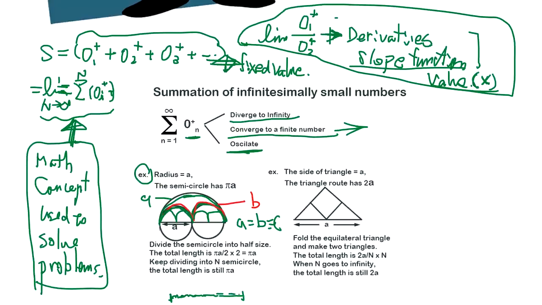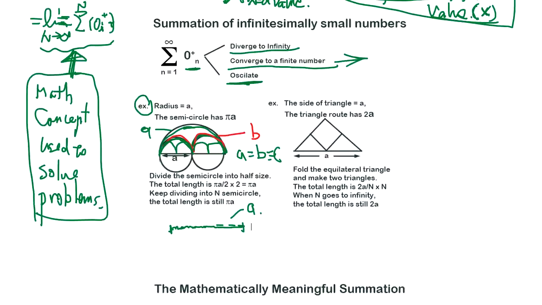But the total length is the same as A. That means if you add so many infinitesimally small numbers, it may reach some fixed value, A. This is good, right? So there is a good reason to consider this type of operation.